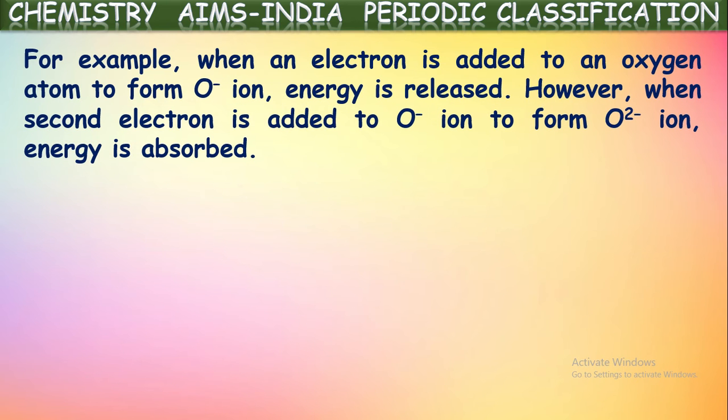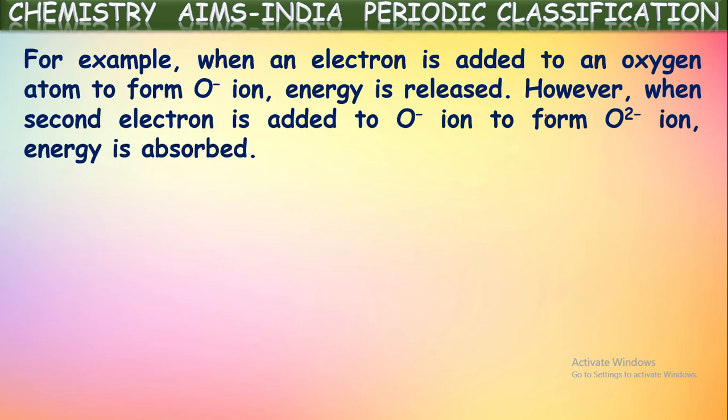For example, when an electron is added to an oxygen atom to form an O minus anion, energy is released, because only one electron we are giving. Oxygen will be very ready to gain electrons. So when one electron is given, it will accept that electron and a certain amount of energy will be released by the oxygen. We call that the first electron gain enthalpy.